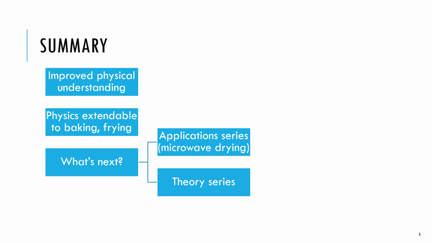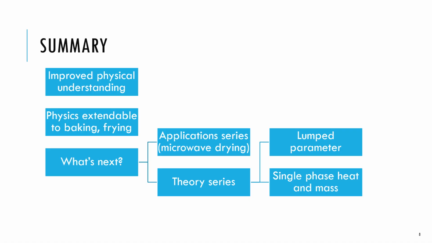The other possibility is going back to the fundamentals. If we have to brush up fundamentals, or if we are wondering about some of the details, then if we go to the theory series, there is a module on lumped parameter, one on single phase heat and mass, and one on porous media that really develops these equations from scratch.